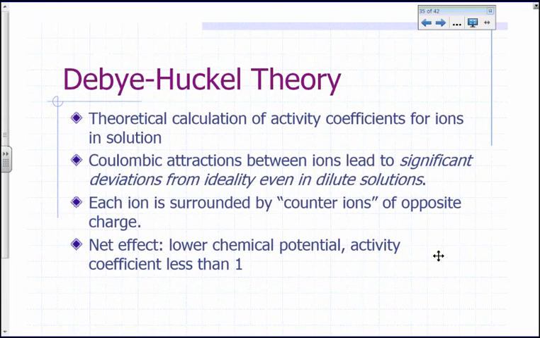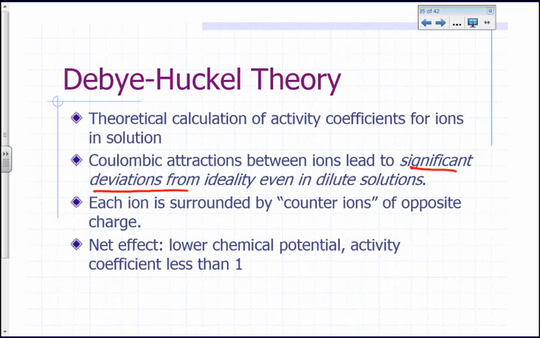All right, so let's talk a little bit more about electrolytes, ionic solutes in water. The Coulombic attractions between ions in water can lead to a significant deviation from ideal behavior, even in very dilute solutions. If you have ions in solution, obviously you're going to have positive and negative ions.